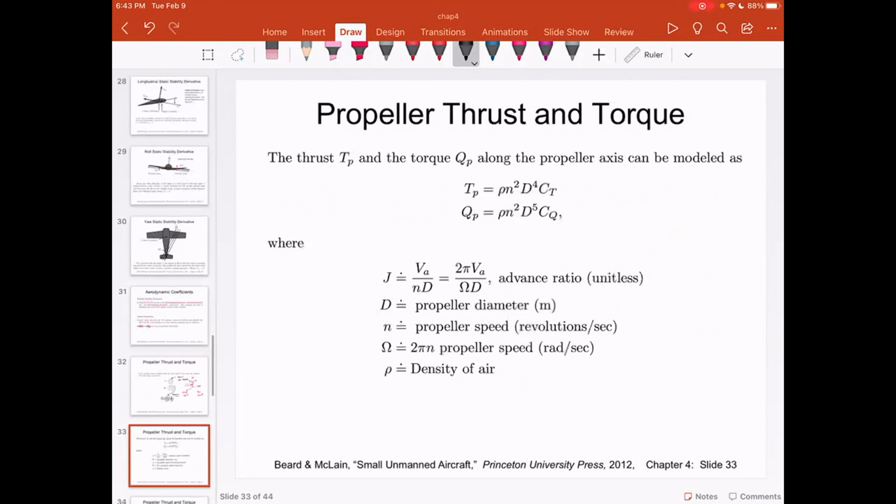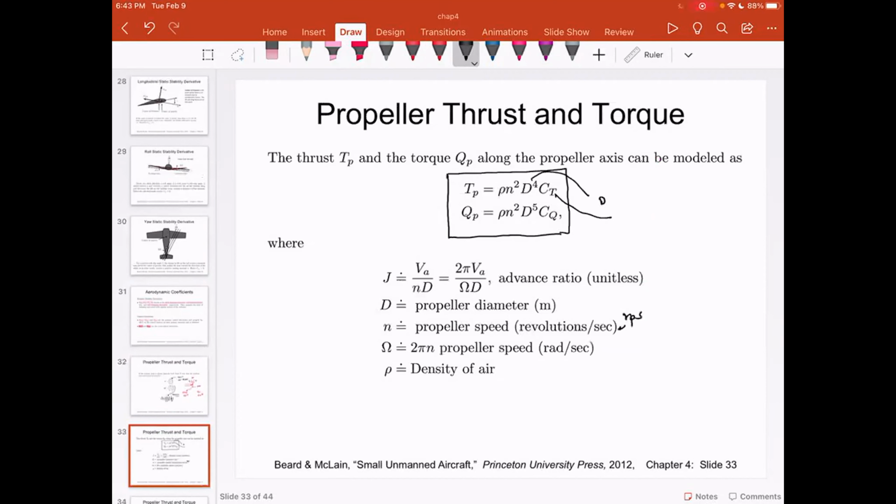Now, here are the equations, and these are the simple equations that I want you to understand and remember. The thrust given by the prop is given as rho, which is the density of the air, n square, where n is the speed in revolutions per second, which is RPS, and then D, which is the diameter of the prop, and Ct, which is the coefficient of thrust for a particular prop.